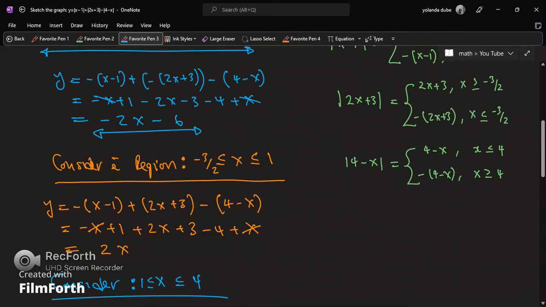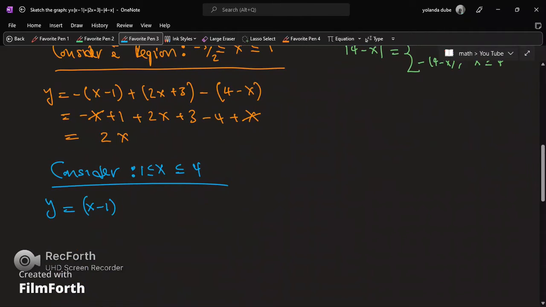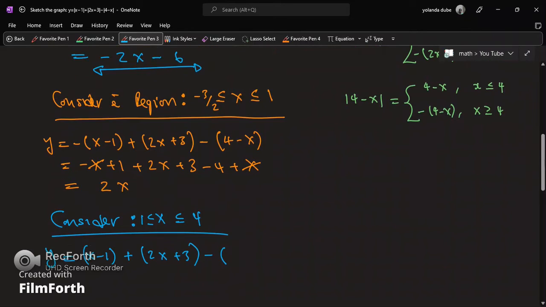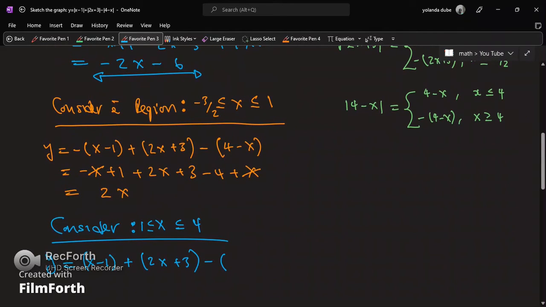So we get plus 2x plus 3, then minus 4 minus x in this region. So we see that we are still less than 4. So when we are less than 4, as we see there, this function is defined by 4 minus x, like that.